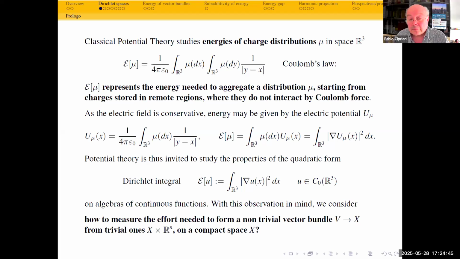Yes, exactly. It's not finite, but it's not finite due to it not decaying sufficiently fast at infinity, but it is finite near x, yes? Or am I wrong?